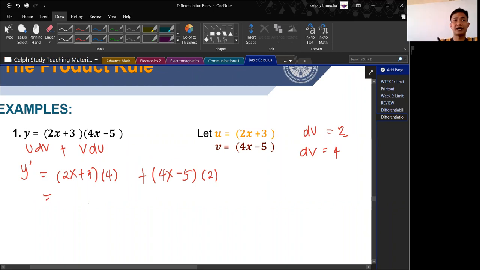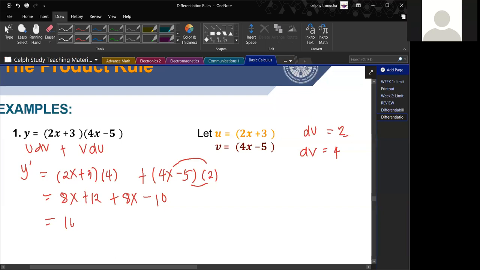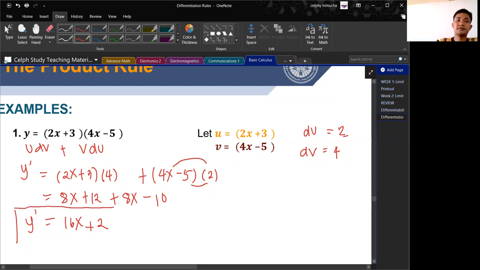So multiply lang natin, we will have 2x plus 3 times 4, we will have 8x plus 12. Then plus, sa diri sa pikas, we will have 8x minus 10. So aton answer will be 16x plus 2. So y prime naton will be equal to 16x plus 2.